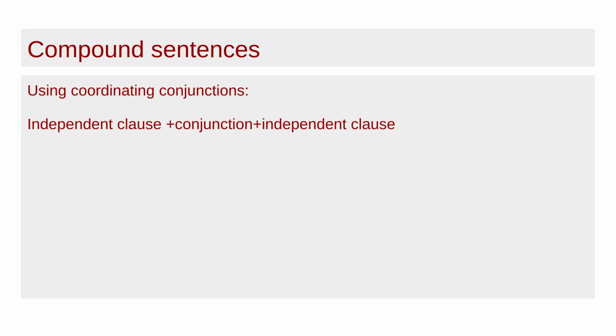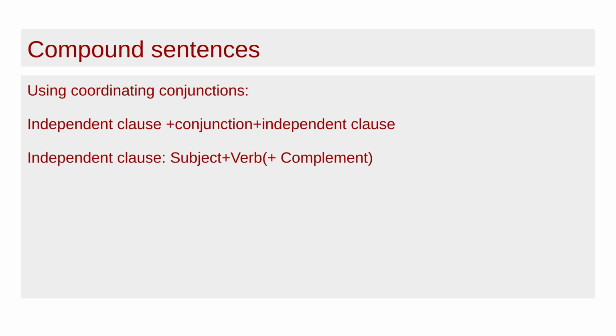In other words, an independent clause in itself is a simple sentence. Then you add a conjunction and then you add another independent clause. So when two independent clauses are joined by a coordinating conjunction, it forms a compound sentence. Clear?